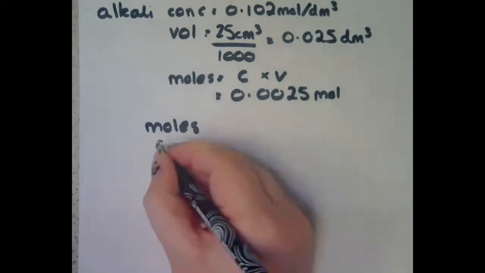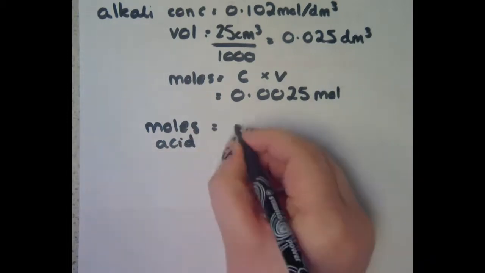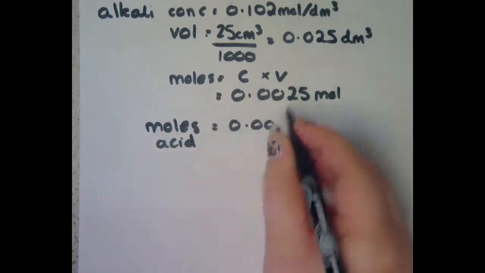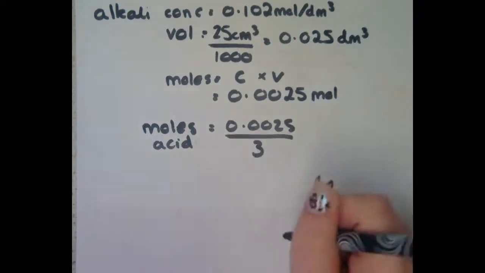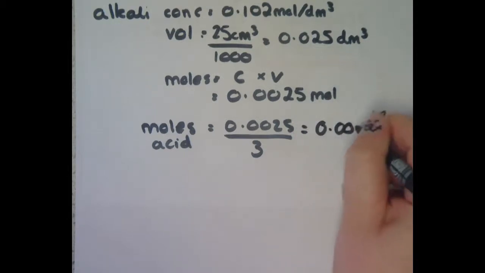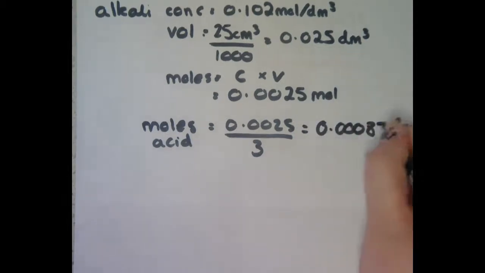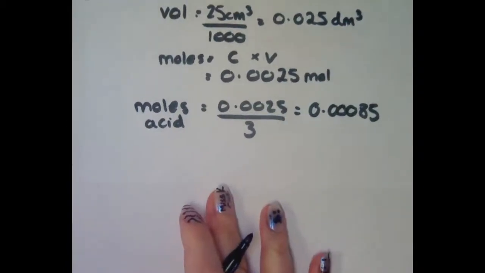So moles of the acid, it is the moles of the alkali divided by 3, which gets me 0.00085. I have now got the moles of my acid.